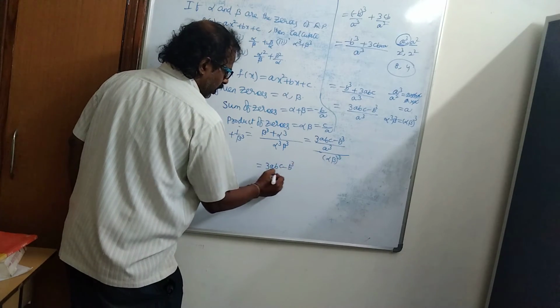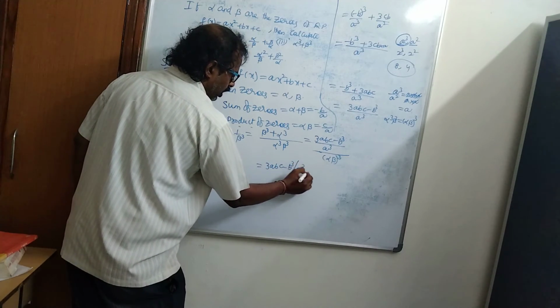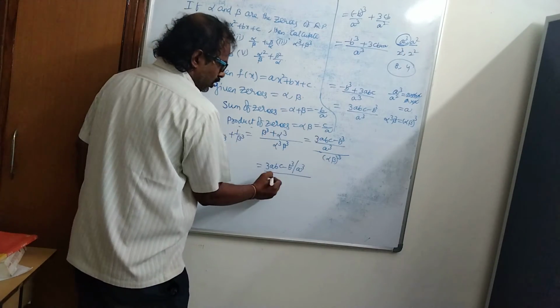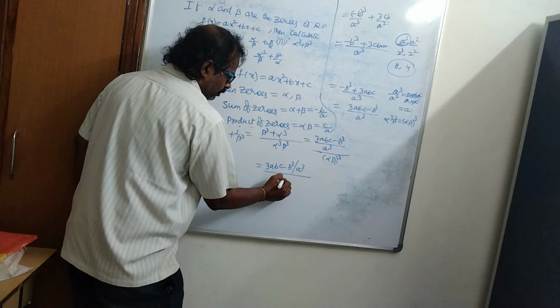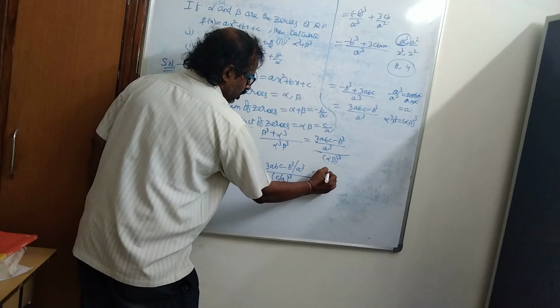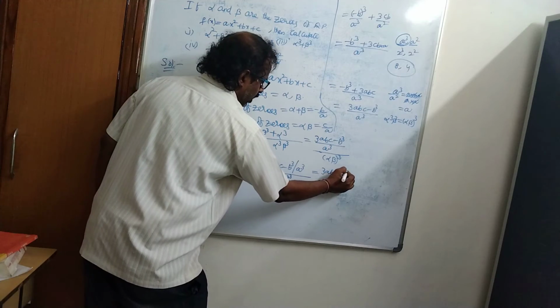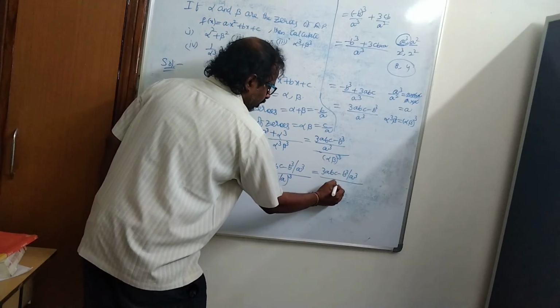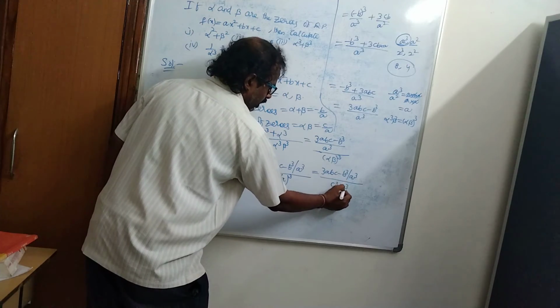So that is equal to 3abc minus b cube by a cube, whole divided by alpha beta, which is what? c by a. So (c by a) whole cube, once again 3abc minus b cube by a cube by c cube by a cube.